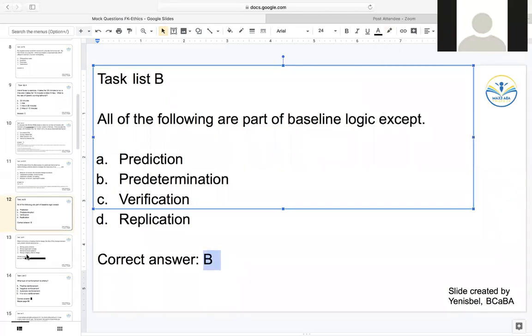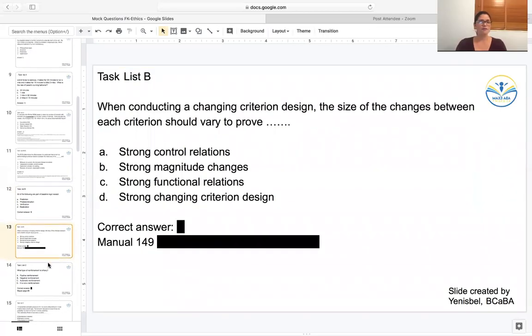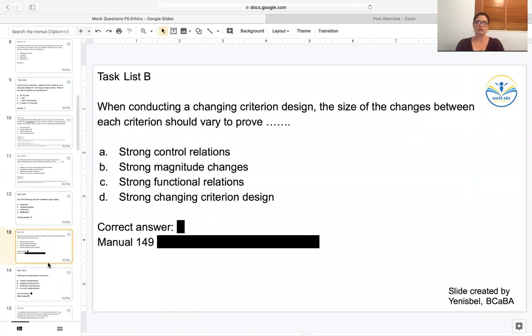When conducting a changing criterion design, the size of the changes between each criterion should vary to prove: A, strong control relations; B, strong magnitude changes; C, strong functional relations; D, strong changing criterion design.